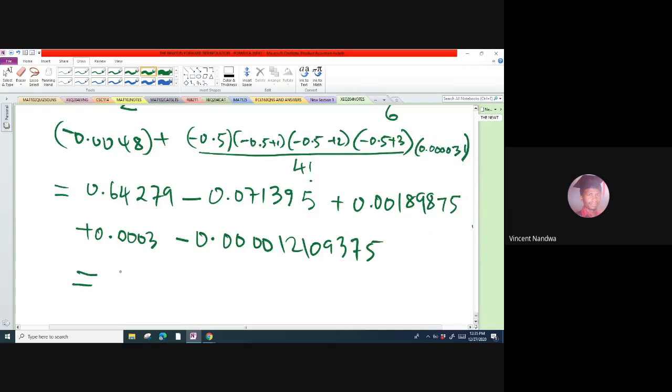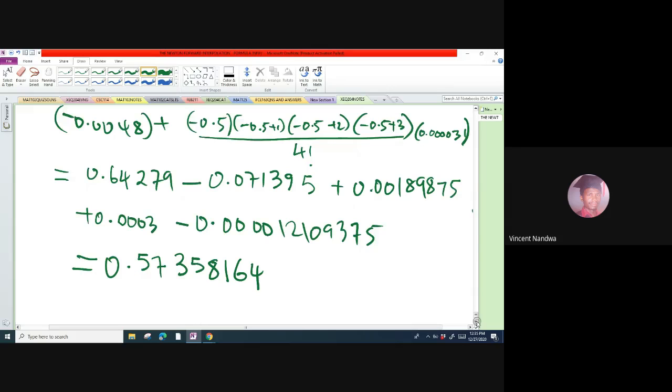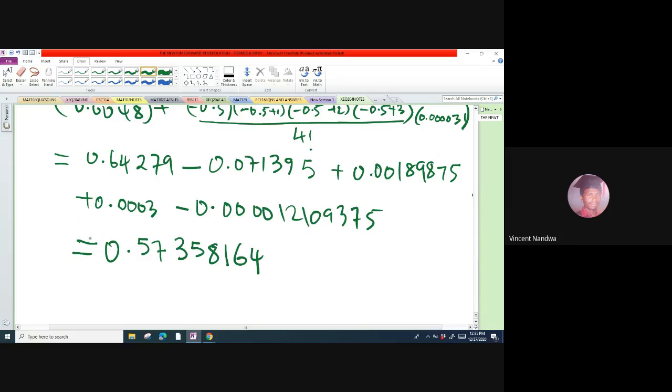So that will give you 0.573586164. This is an approximation of sine of 35 degrees.